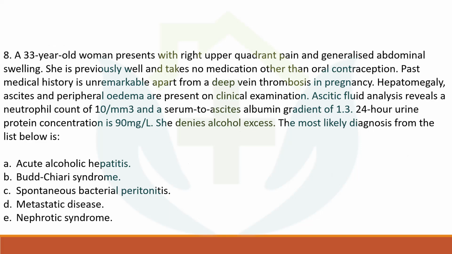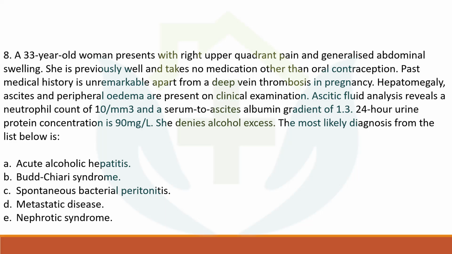Now, this is a 33-year-old woman presenting with right upper quadrant pain and generalized abdominal swelling. She was previously well and takes no medication other than oral contraceptives. Past medical history is unremarkable apart from deep vein thrombosis in pregnancy. Hepatomegaly, ascites, and peripheral edema are present on clinical examination.